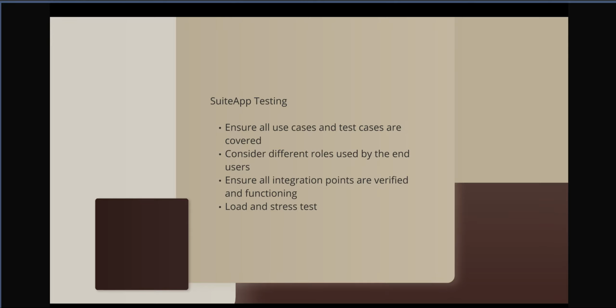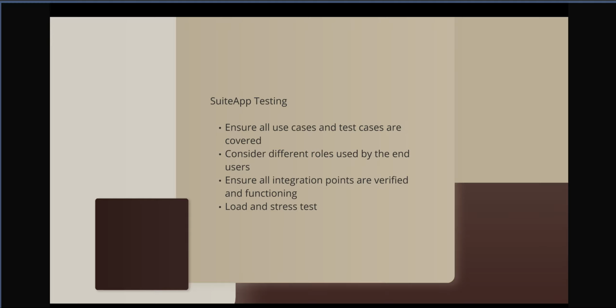Testing needs to be considered for different roles that will be used by the end users along with different contexts. When I say context, it could be the UI context or a CSV import or web services. So we need to consider all these different contexts and different roles while testing the app.